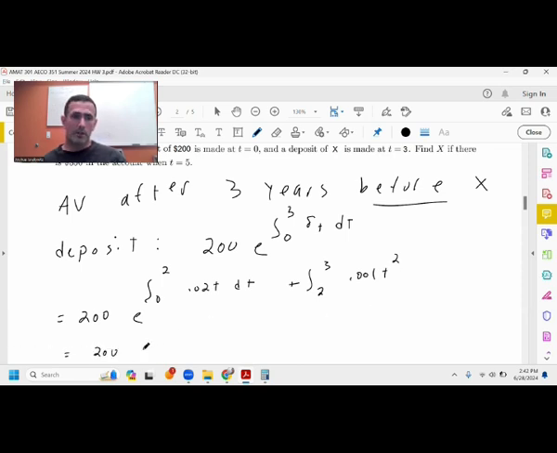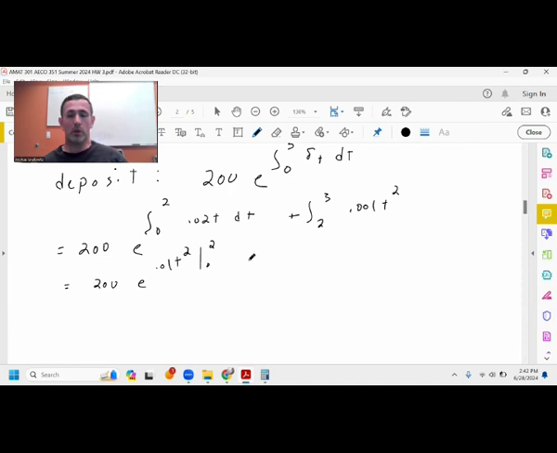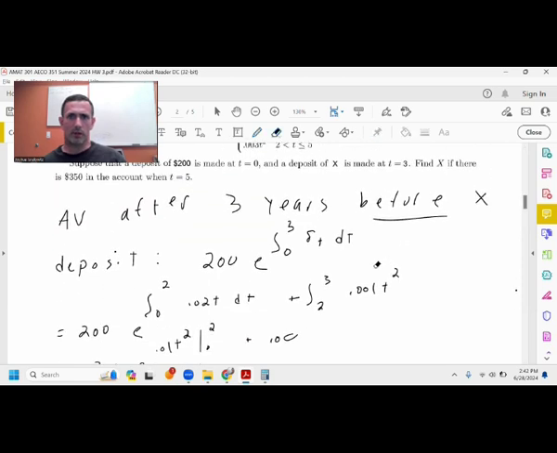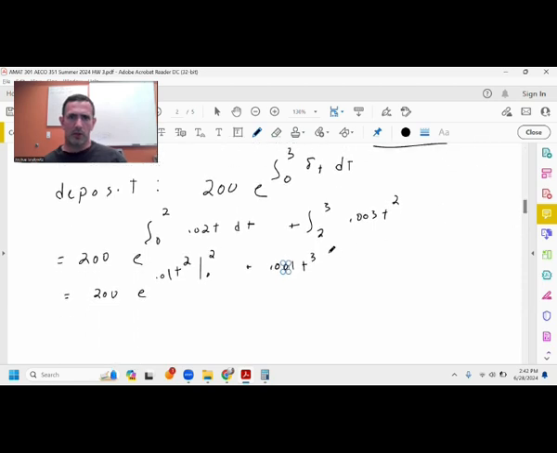All right, so 200. So just like before, it's 0.01 t squared, 0 to 2, so it's 0.04. Sorry, 0.003. Got ahead of myself there. 0.001 t cubed from 2 to 3.